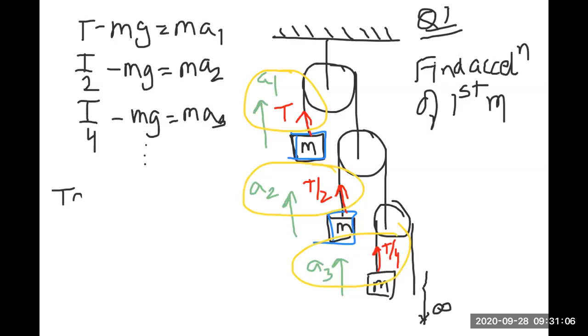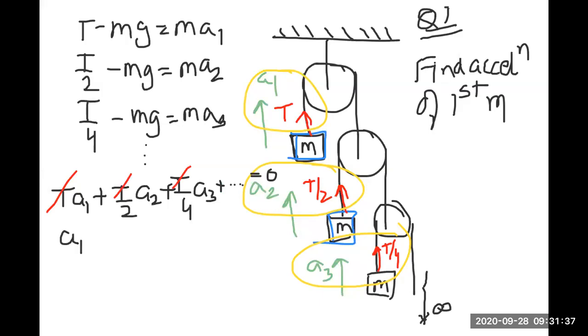So we get TA1 plus, good mag, yes, and then we get T/2 A2, T/4 A3, infinite sums, infinite terms is equal to 0. तो इसमें T कैंसिल आउट हो जाएगा, T तो कॉमन है. तो आई विल गेट A1 plus A2/2 plus A3/4 infinite terms is equal to 0.